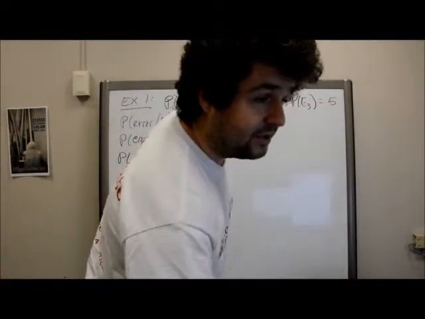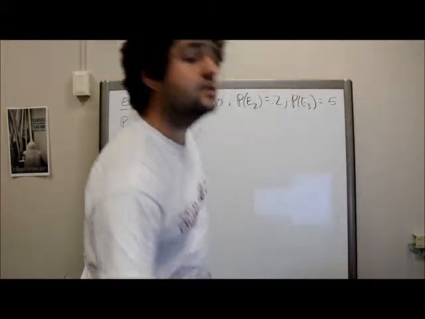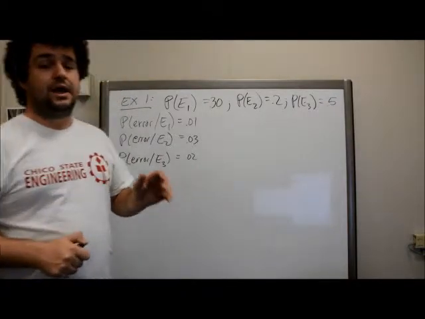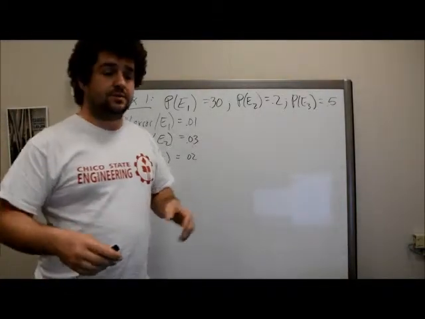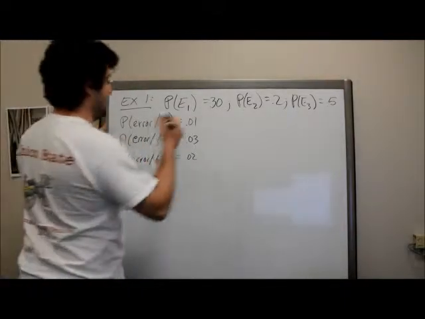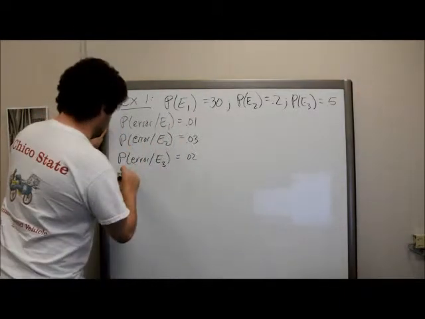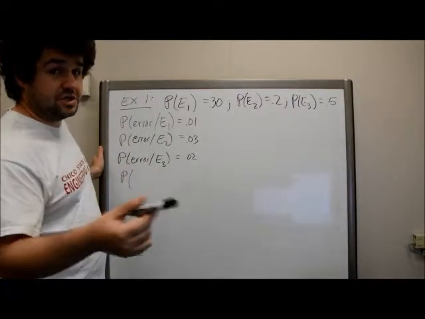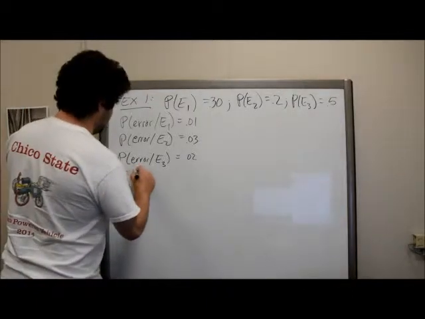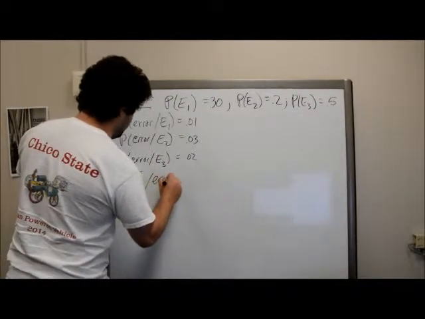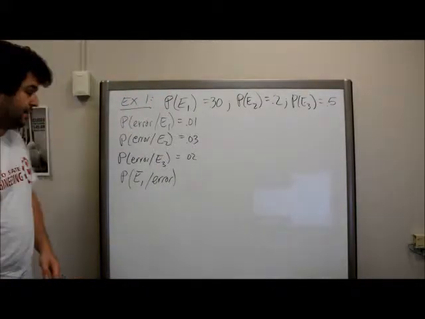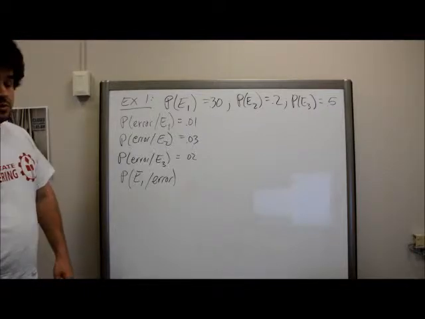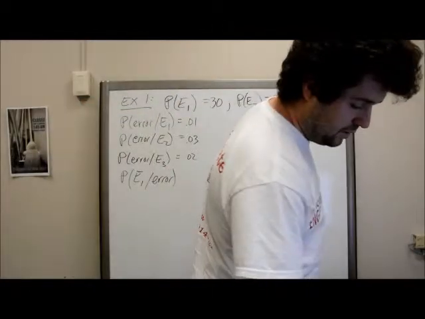So now what we want to find is, if a particular bid results in a serious error, what is the probability that the error was made by engineer 1? What that really means is, given that there was an error, what is the probability that it was engineer 1? So using conditional probability, we could figure this out pretty quickly.